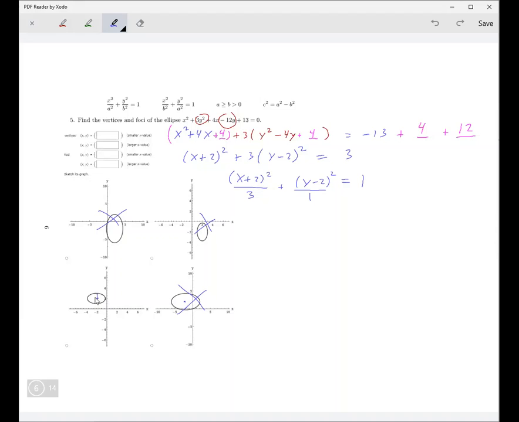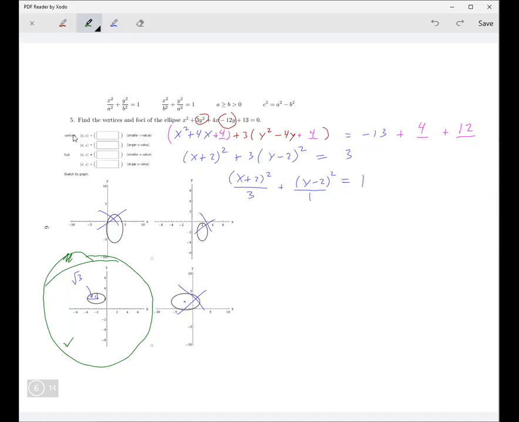And yes, this is 1 in the y direction, and then this distance right here should be the square root of 3. So that means this is the correct graph, and not that one. So this would be the one to check mark.